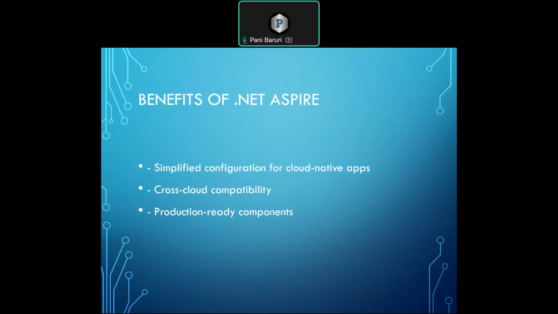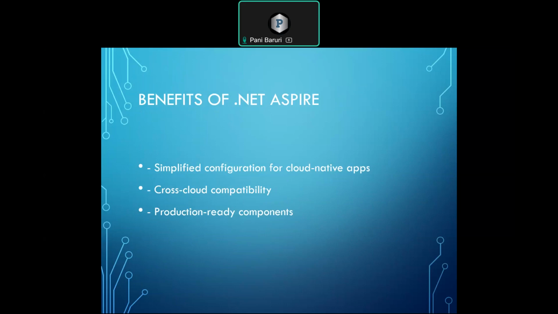And what are the benefits? Why should we choose .NET Aspire for your next cloud native project? One is simplified configuration. Aspire handles many of the common configuration tasks that developers usually need to do manually. This reduces errors and saves time. Two, cross cloud compatibility. I know we don't currently use it, but for Azure, AWS, and other cloud providers, Aspire offers flexibility to run across different environments.